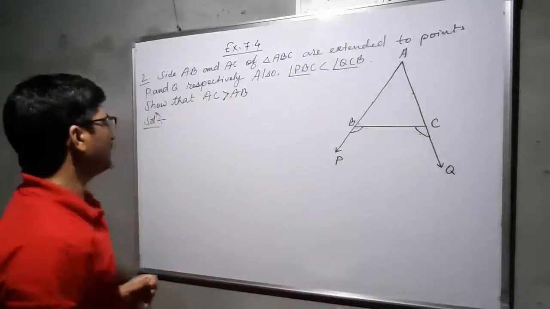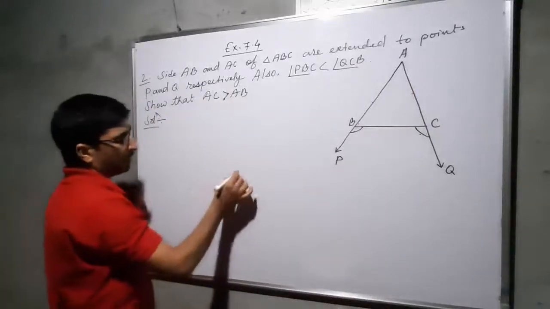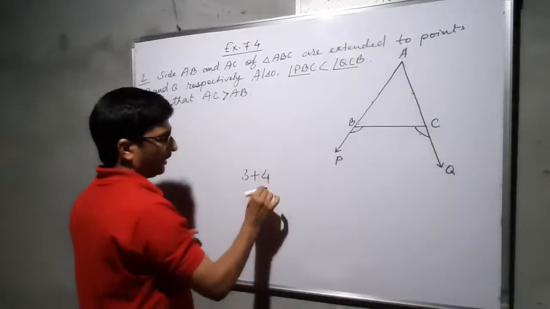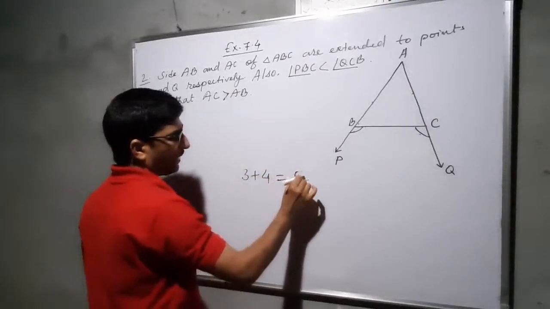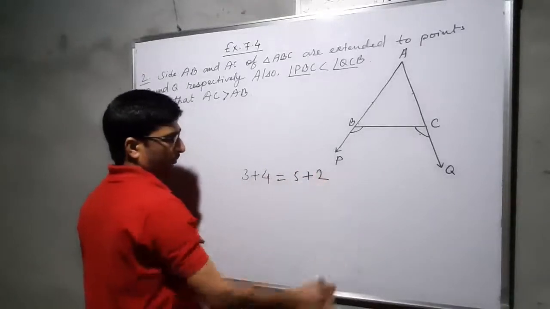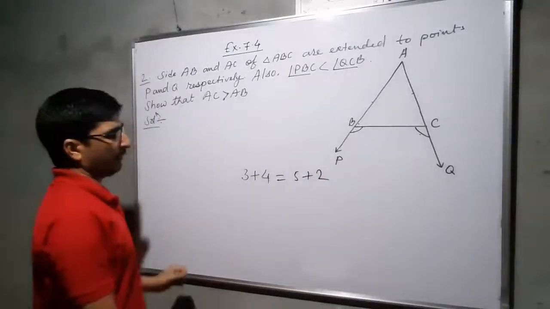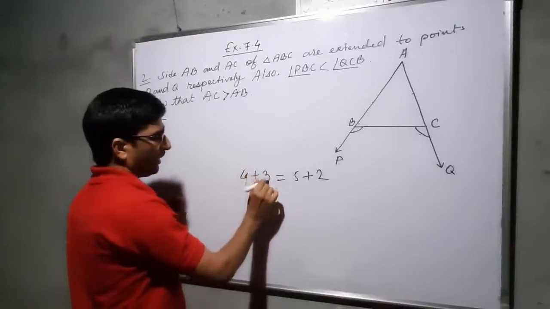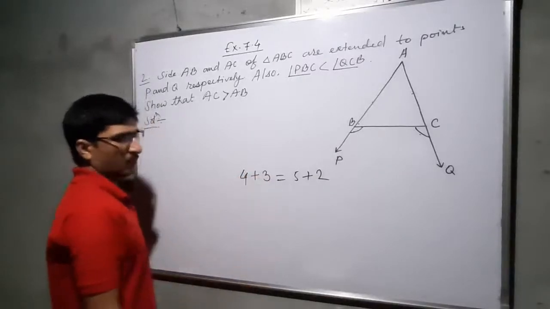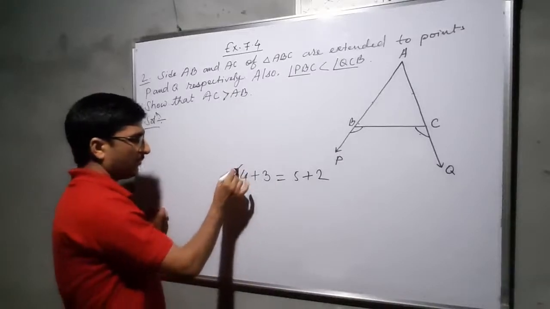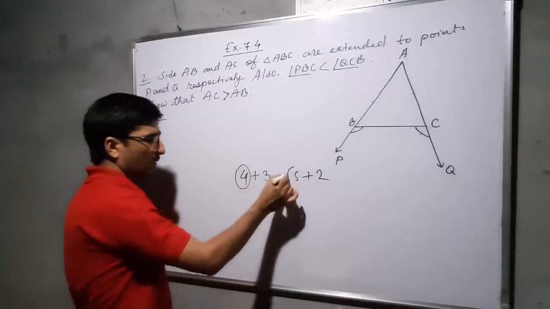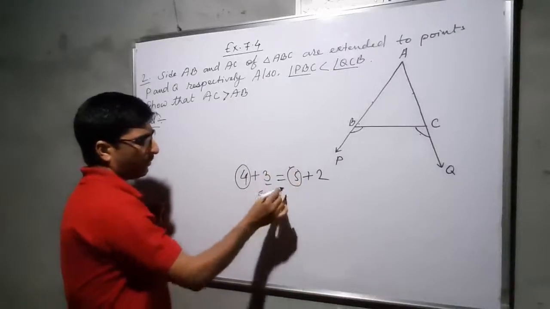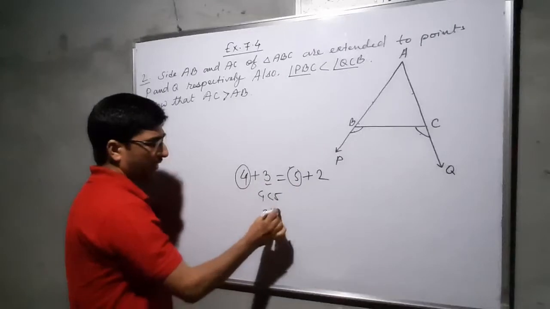But friends, you check here one very simple trick. 3 plus 4 is equal to 5 plus 2. Or if I write it like this, 4 plus 3 is better, you can understand more. 4 plus 3 is equal to 5 plus 2. Since 4 is less than 5, therefore 3 must be greater than 2.